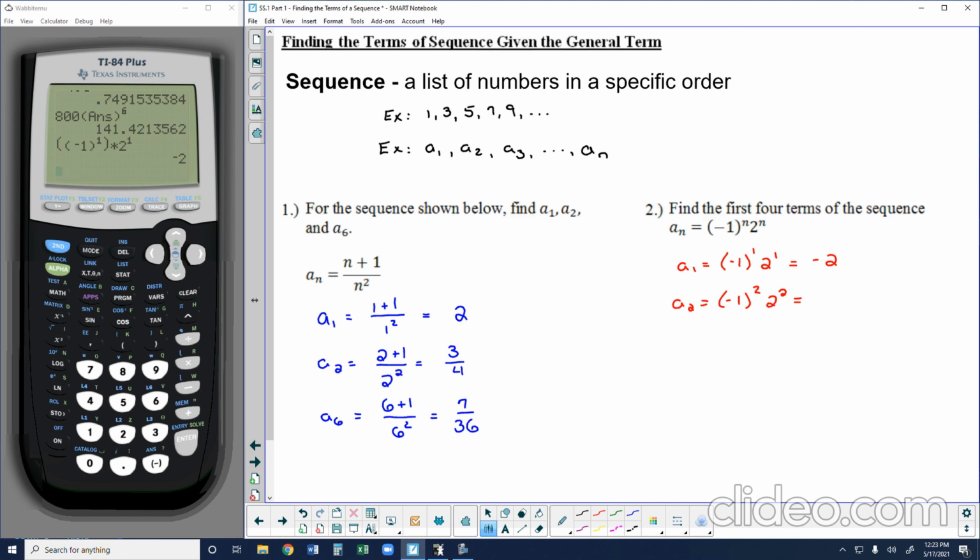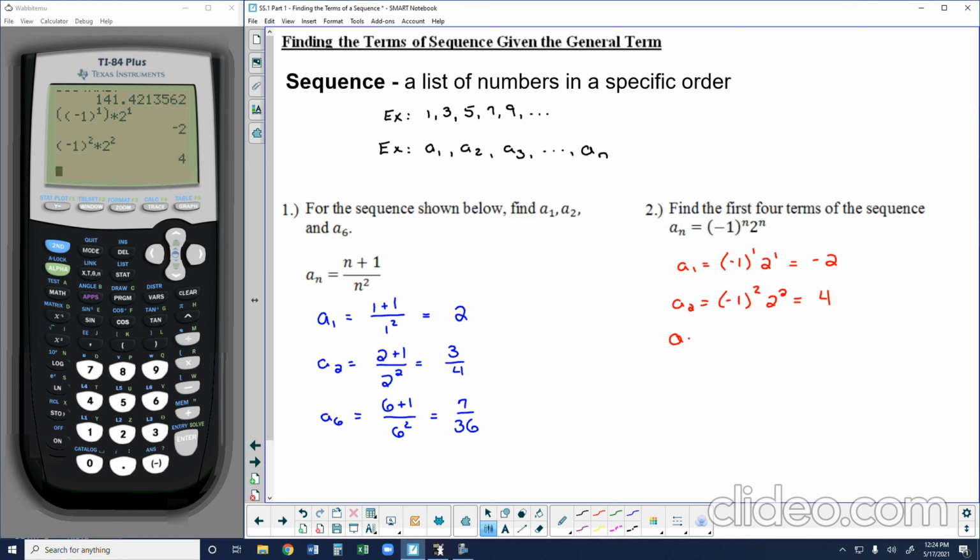So -1 to the second power would be +1, 2 to the second power would be 4, and so I'd have +4. Again, we can do this in the calculator: -1 to the second power times 2 to the second power, and I get the answer 4.